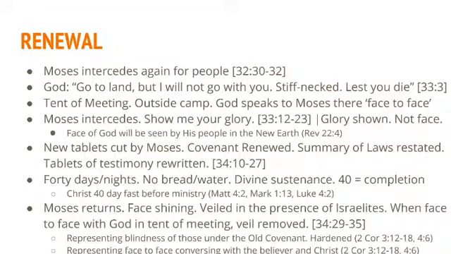Paul basically said, in like manner, opposite to those who were under the old covenant and refused to look at Christ, we are acting similar to Moses, where we are not veiling our faces, and we are not blinded to the glory of Christ. We actually, with unveiled face, behold the glory of God in the face of Jesus Christ.